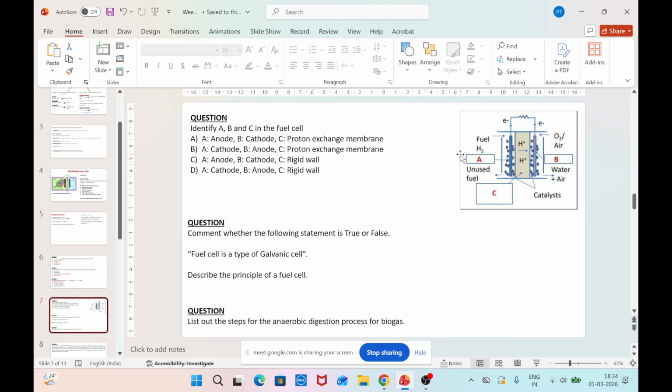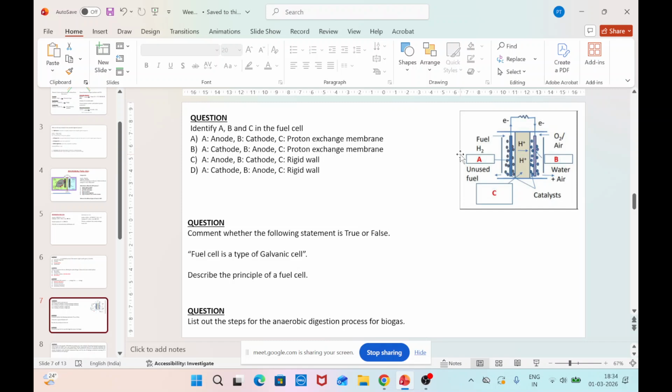Is A anode, B cathode, and C the proton exchange membrane? Or is A cathode, B anode, and C the proton exchange membrane? Or A is anode, B is cathode, but C is a rigid wall? And D, A is cathode, B is anode, and C is a rigid wall.